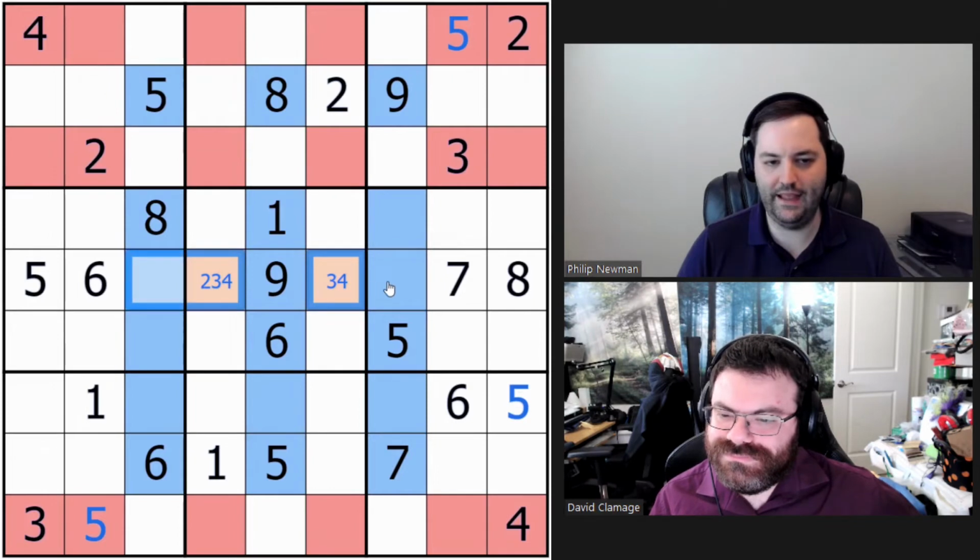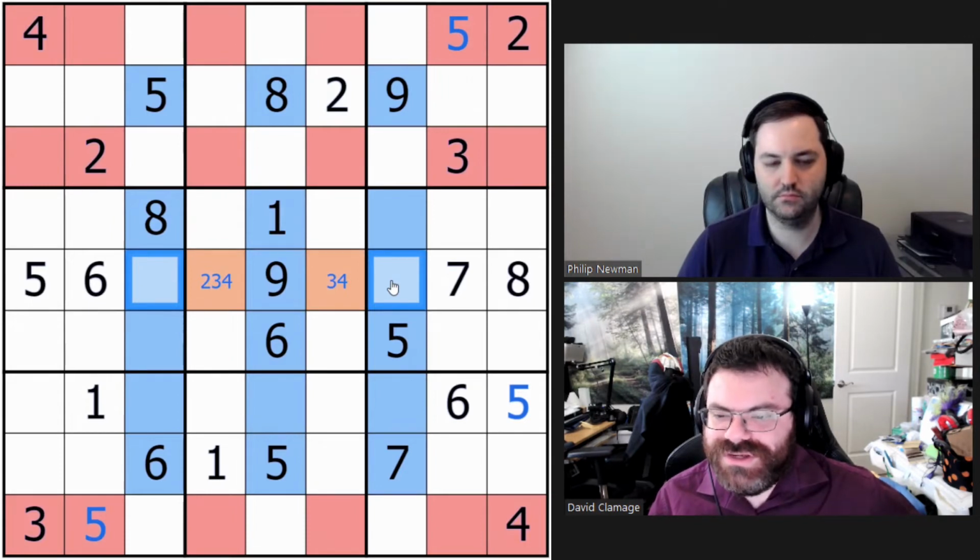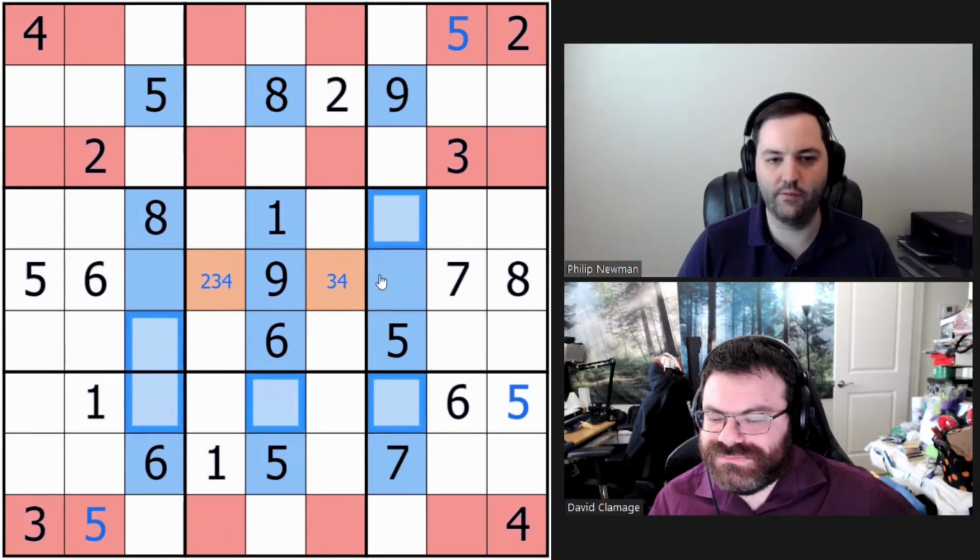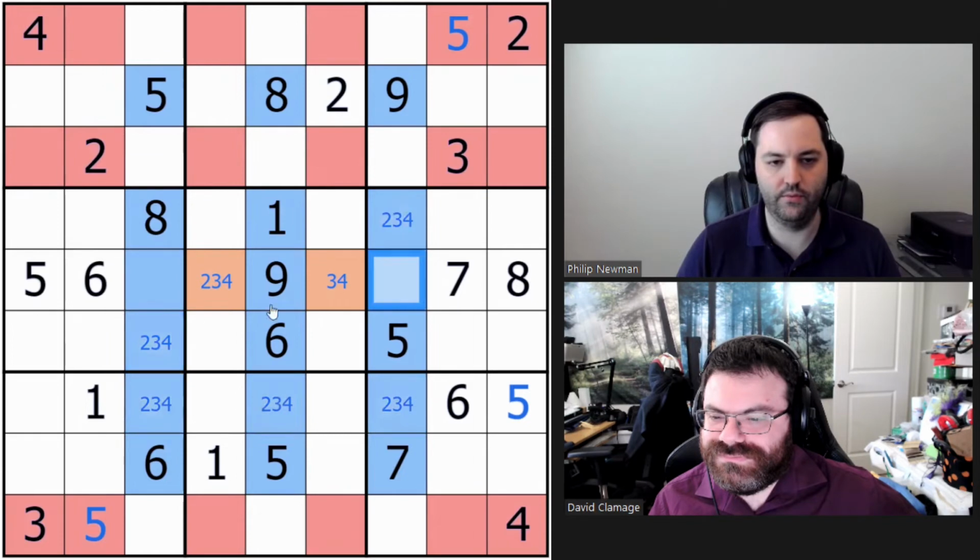So we definitely can't have both of these blue cells be from 2, 3, 4. That would just make way too many 2, 3, 4s in them. So one of these cells is not 2, 3, 4. So we only have 1, 2, 3, 4, 5, plus whichever one of them is from 2, 3, 4. So we conclude that those are 2, 3, 4, and one of these is 2, 3, 4, and the other one is 1.